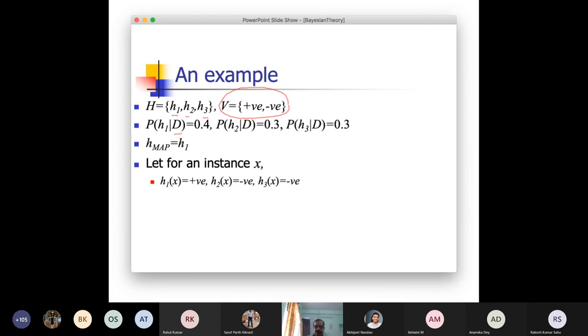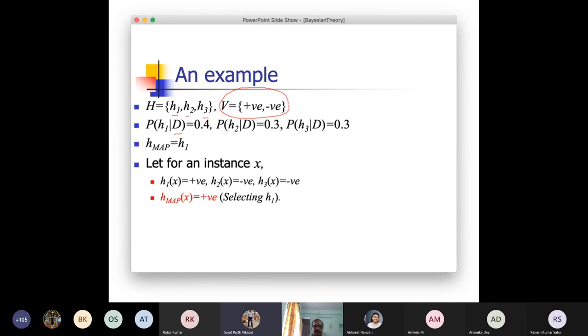We are not having a probabilistic interpretation while denoting this output, but we can make it probabilistic by saying that the probability of label positive given H1 for the input X is 1, or the probability of label negative given H1 for this input X is 0. In this way, you can have the probabilistic interpretation.